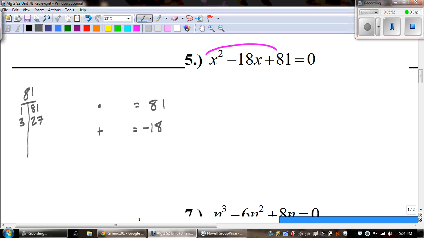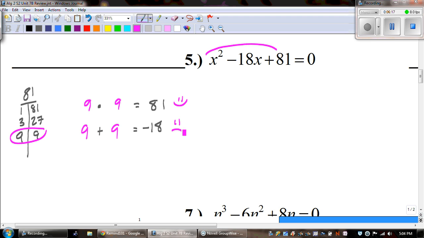Okay, what about 4? Nope. 5, 6, 7, 8, 9. Yeah, 9 does. So the combination that works here is 9 and 9.